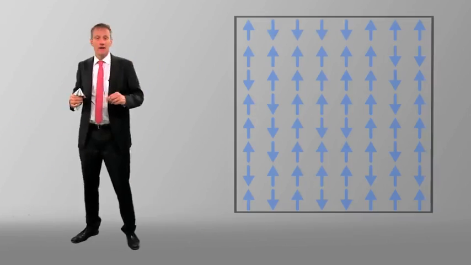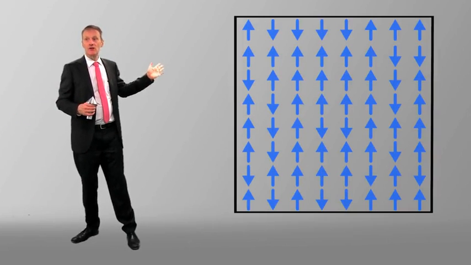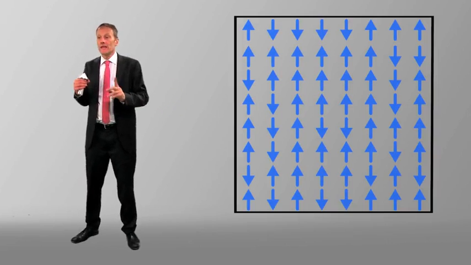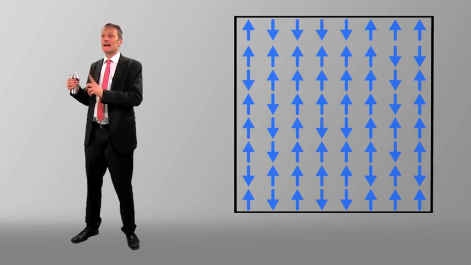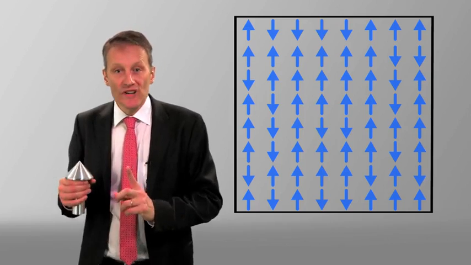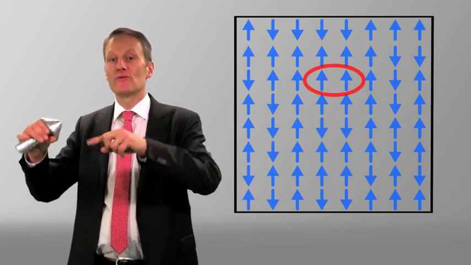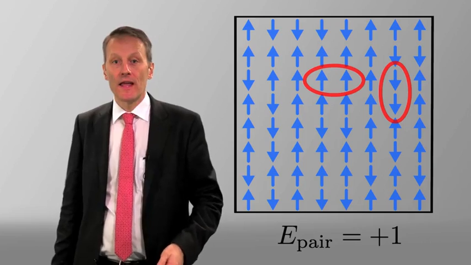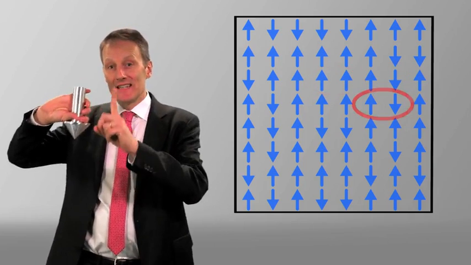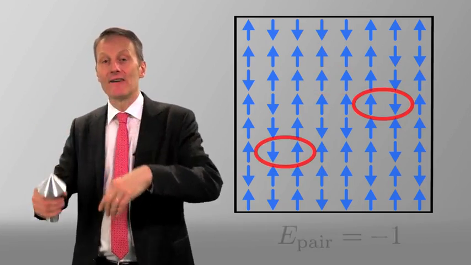The Ising model describes classical spins sigma that can be +1 or -1 on a lattice like the 2-dimensional square lattice shown here. We consider the ferromagnetic Ising model, where neighboring spins prefer to be aligned. 2 neighboring up spins or 2 neighboring down spins have an energy of -1, whereas 2 spins like this or like that have energy +1.